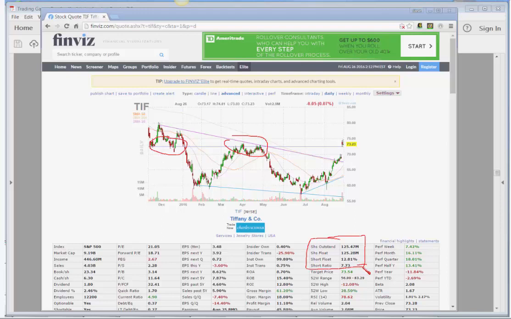The short is a percentage of the float, the rate that it shares it trades by the number that are short. But the percentage here is a more telling number, being 12%. Anything over 10, 12, 15% is pretty high. That's kind of what I'm looking for.